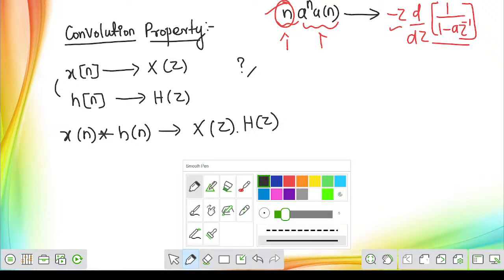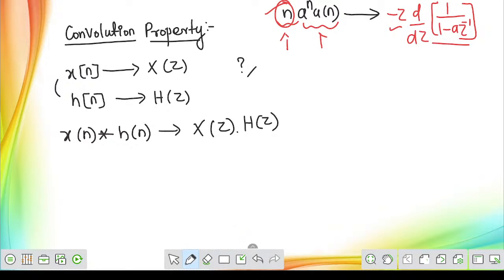Now I will tell you one more thing you must observe when we are discussing the convolution property. Before that, we discussed the differentiation property. In the differentiation property, another thing you have to observe is the region of convergence. Please go back there. For example, I have a signal x of n. Its corresponding transform is x of z, and let us say the ROC, region of convergence, has been defined as P, some random value.